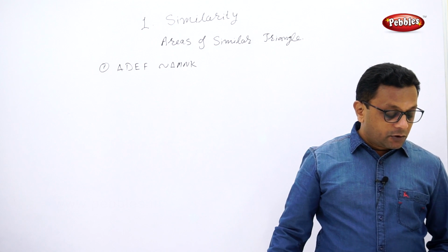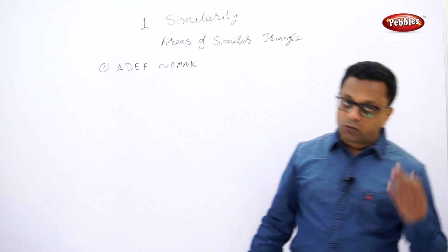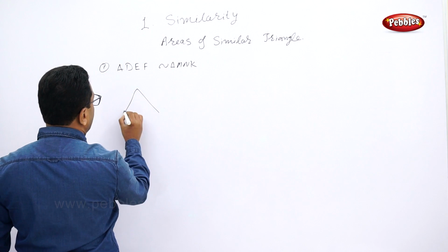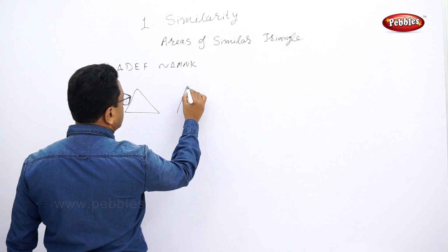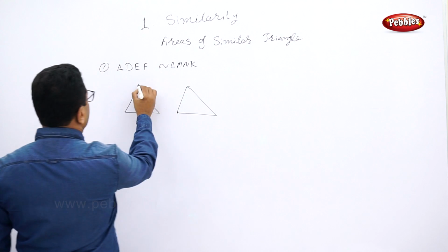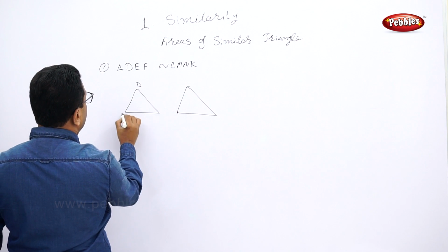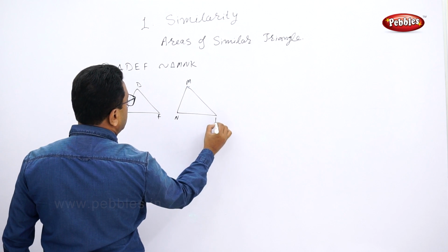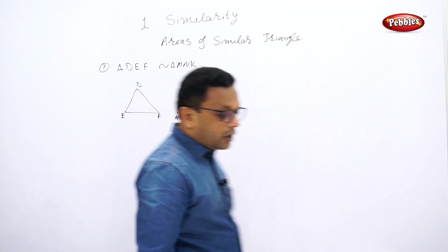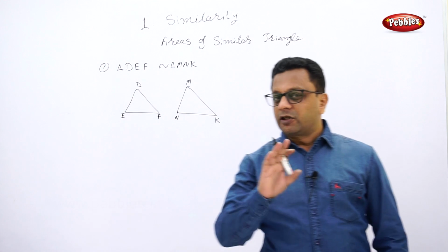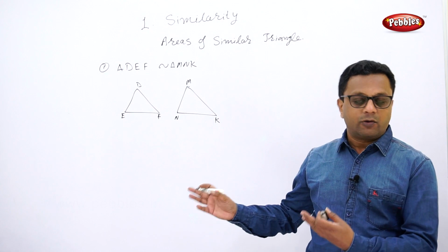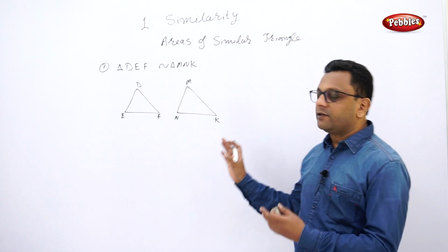If DE is equal to 5, first of all we will draw two triangles, because I told you to draw figures, so I will draw two triangles, DEF and MNK. They are given. See, this example is extremely simple. I am just showing you because this is the first example. Otherwise nothing great in this example.